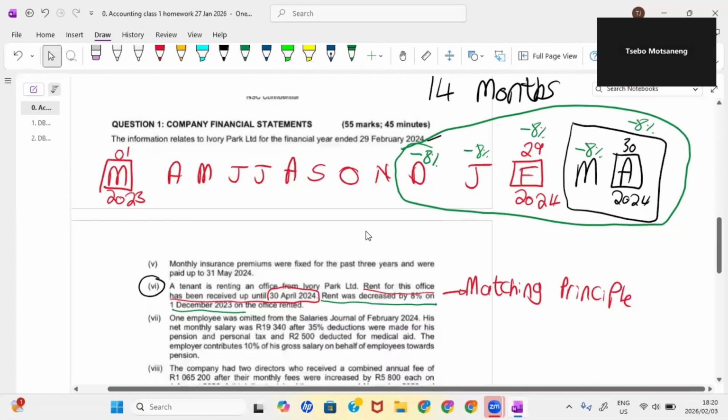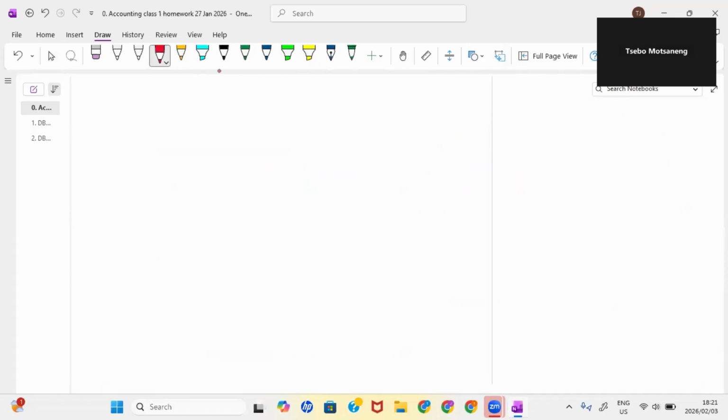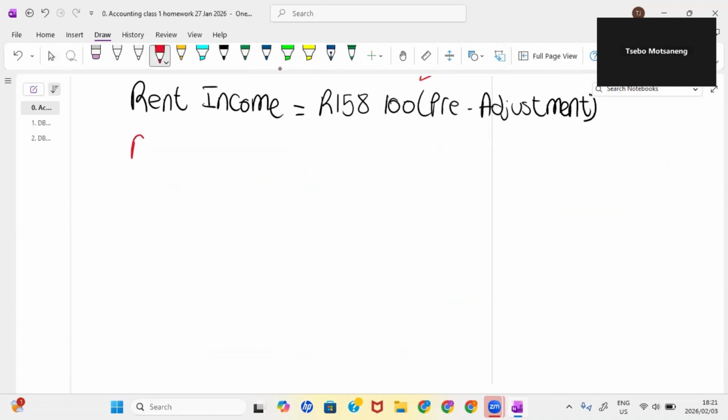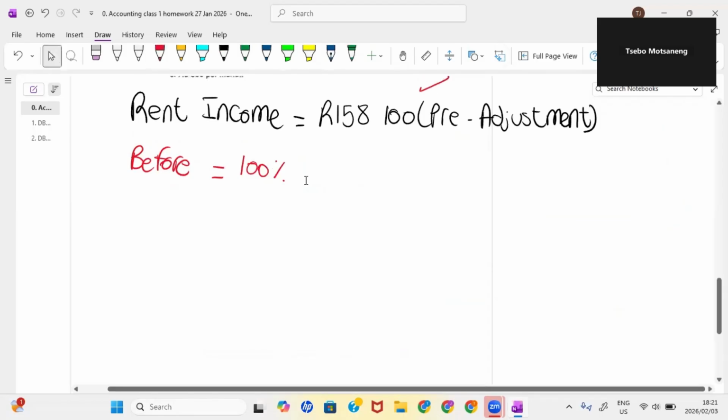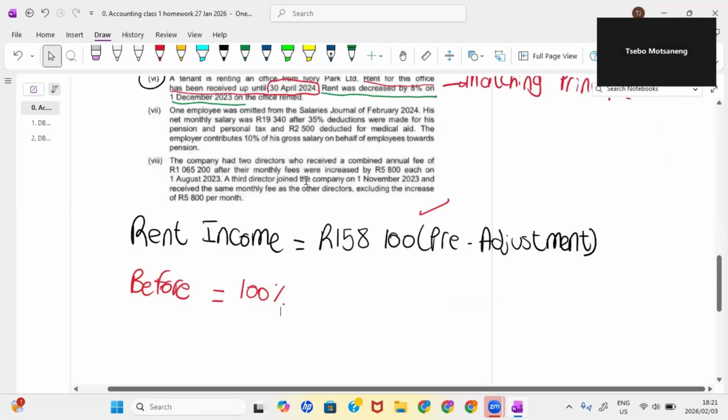So here's what we are going to assume. We will assume that before this 8% decrease, we were receiving a rent of 100%. I hope that's clear. Since they gave us that it decreased by 8%, we will just say before the decrease, we were just receiving 100%, which is just the full rent, right?